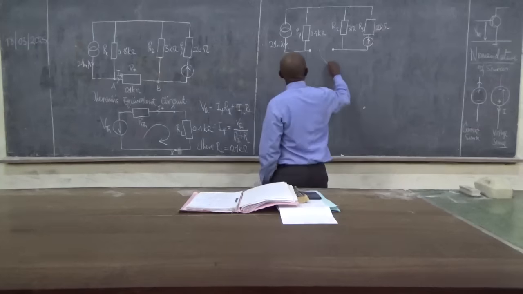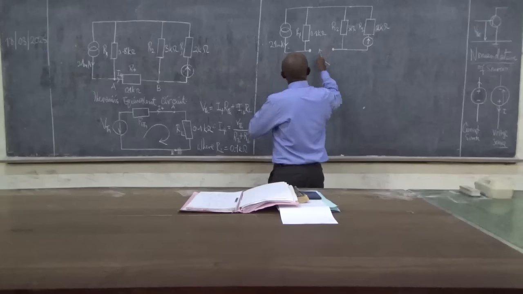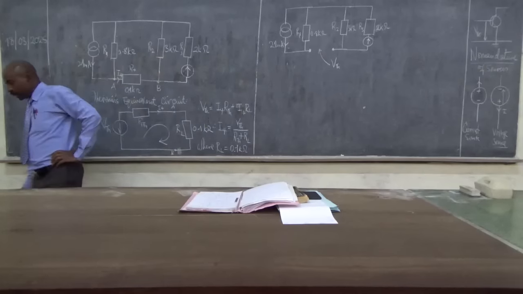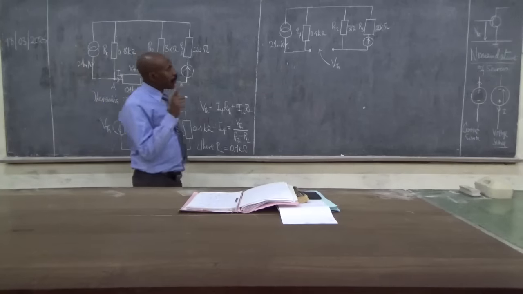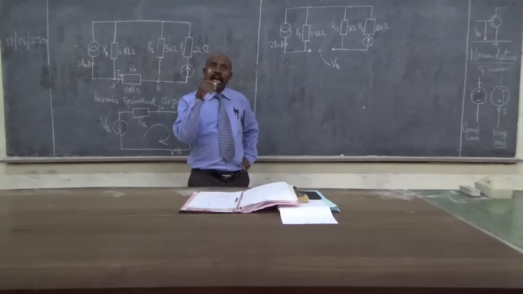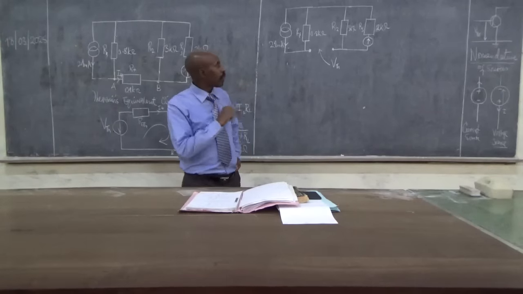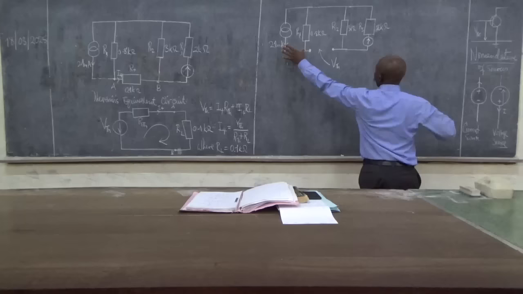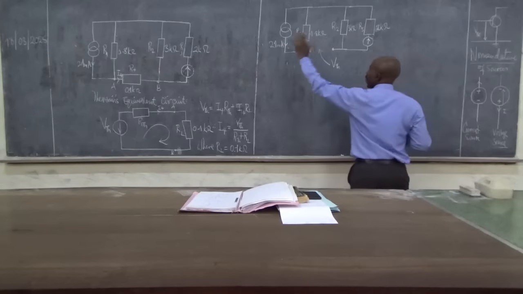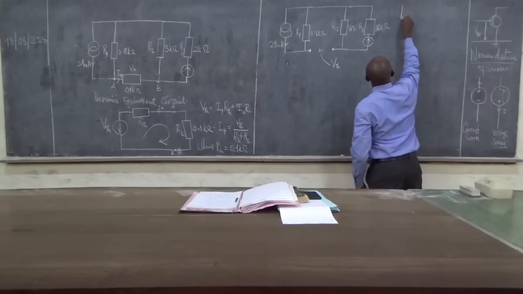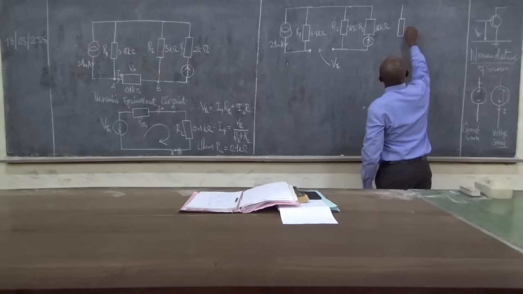So here we want to know the voltage across here. It will be VTH. After we have gotten that, then we shall remove all sources and find the resistance at the same spot. So when we are removing the current source, we just disconnect. So we shall have 0.8 ohms.